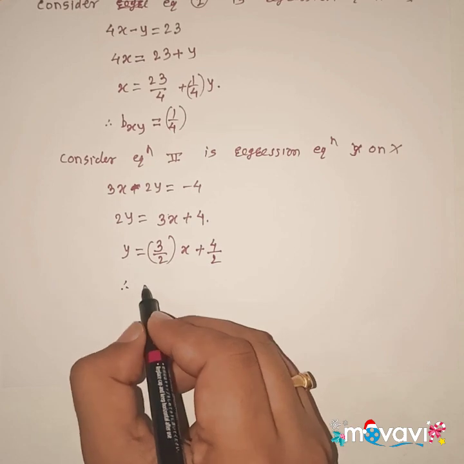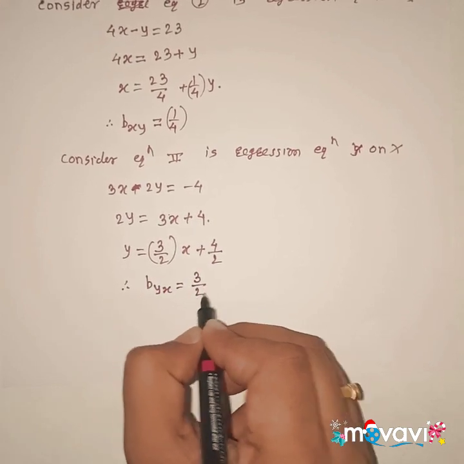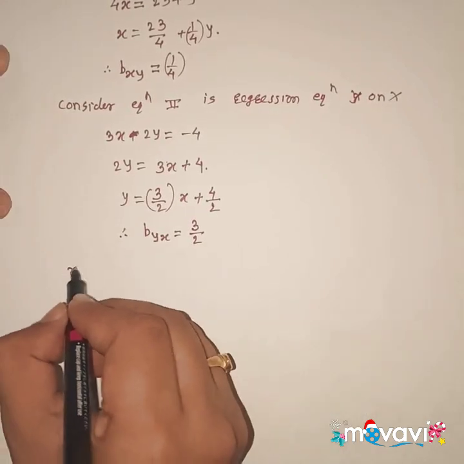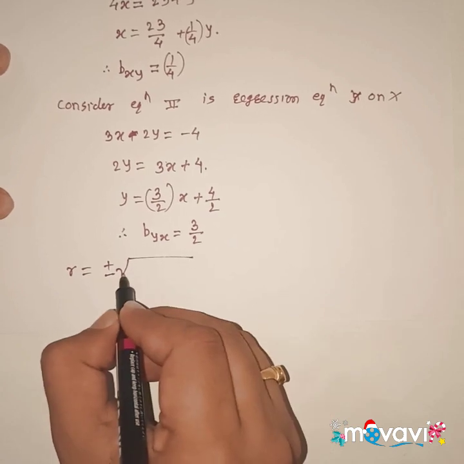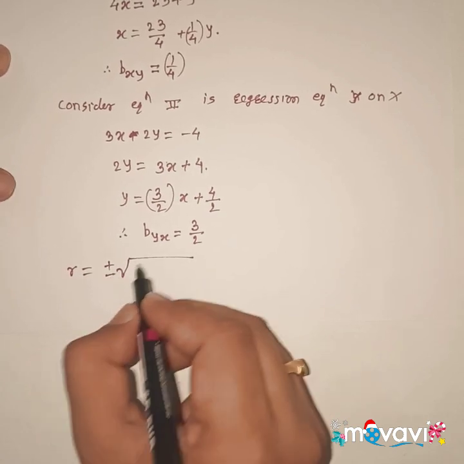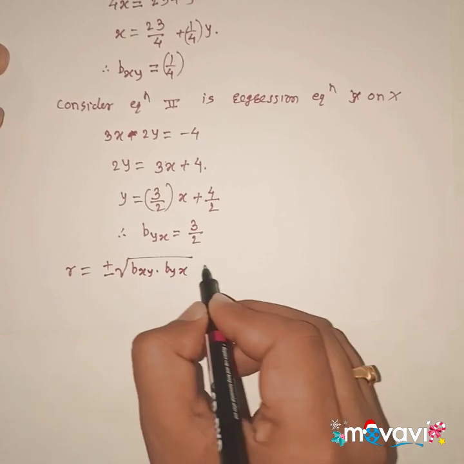From this we get Byx is 3 upon 2, and then use the formula to find the correlation coefficient, r is equal to plus or minus square root of Bxy into Byx.